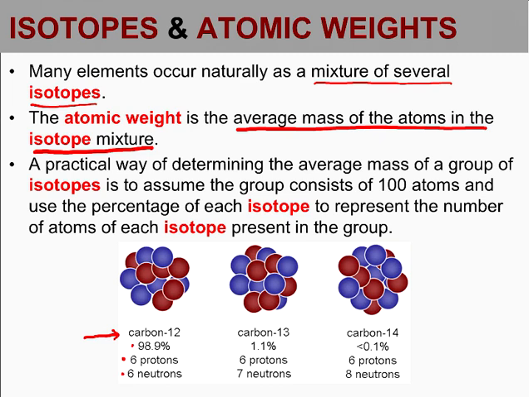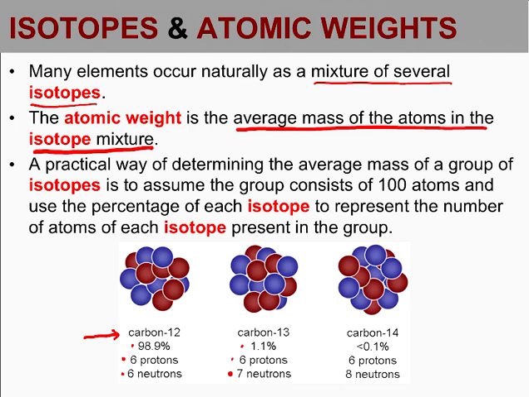And then carbon 13 atoms have 6 protons again, because remember, protons define the element that you have. But carbon 13 atoms have 7 neutrons. So they are a little more massive than carbon 12, but their relative abundance is only 1.1%. So very, very few carbon atoms have 7 neutrons.